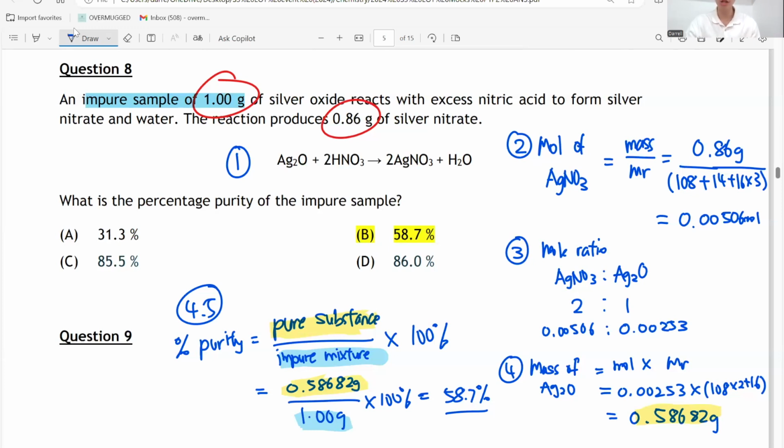Then you plonk it into the formula to get the percentage purity. If you're just blindly copying the steps, there's no point. You need to understand what we are writing and why these steps are in such a sequence. Equation, mole. Mole ratio between what you have found and what you want to find. Step 4, find what exactly the question is asking for. But there's an additional step 4.5 to get percentage purity.